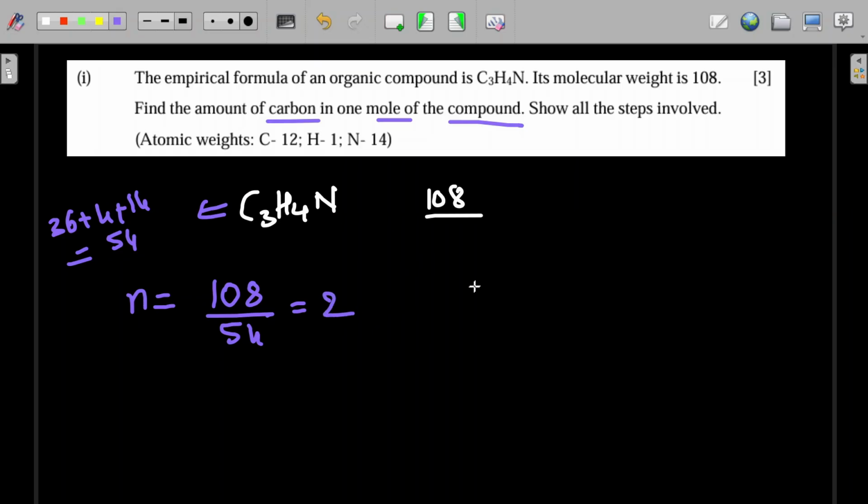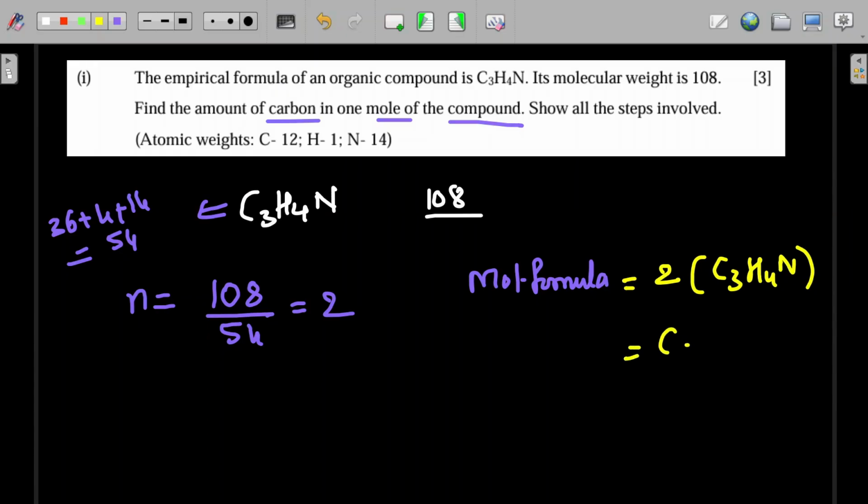Now the molecular formula will be what? 2 times C3H4N. Correct? You have to multiply the subscripts only: C6H8N2. This is your compound now.